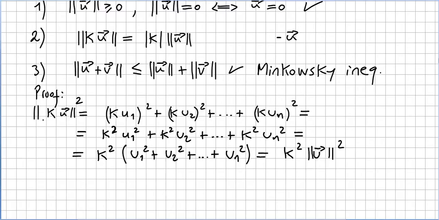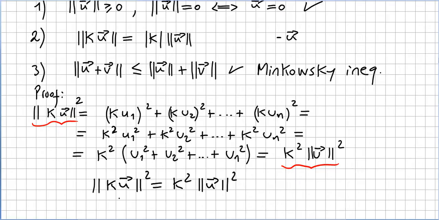So the norm of k u squared equals k squared times the norm of u squared. We take square roots, the squares disappear, and this concludes the proof.